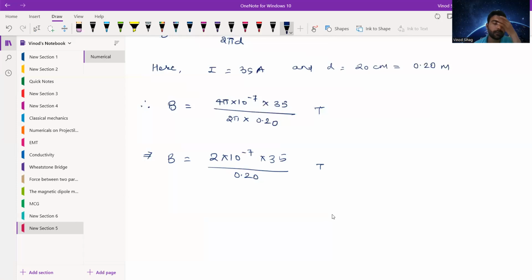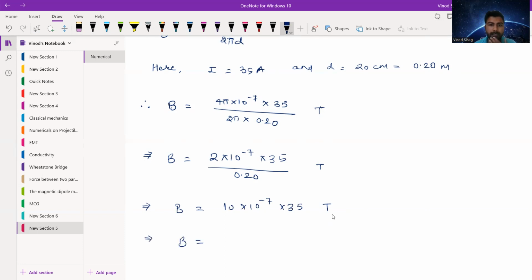Now this 2 will be cancelled by the 0.20. Let me write, B equals, this 2 will be cancelled out because 0.20 times 10 is 2. So it will be 10 only on the upside: 10 into 10 to the power minus 7 into 35 Tesla. Now the magnetic field is very simple.